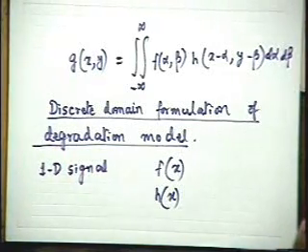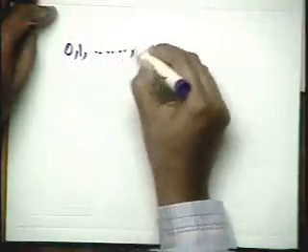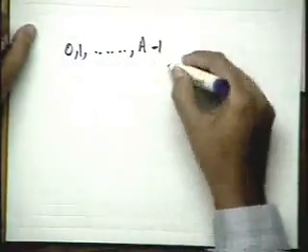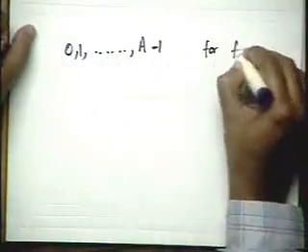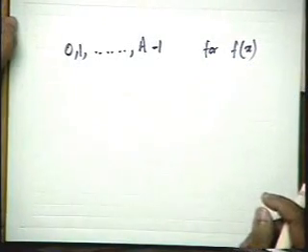And let us assume that x is a discrete variable, so that x is defined in the range of 0, 1, etc., up to some constant capital A minus 1 for f of x. That means we are taking capital A number of samples for f of x.